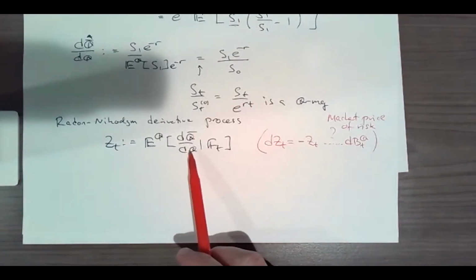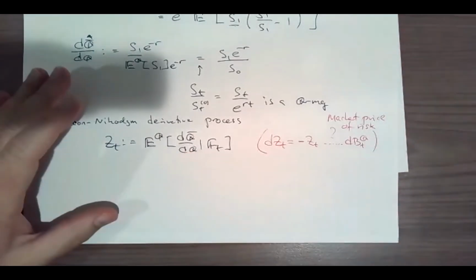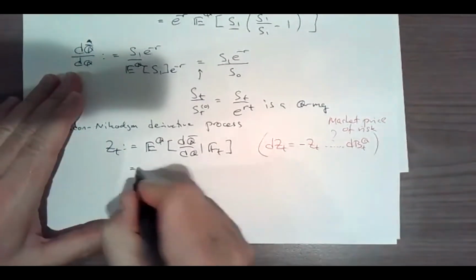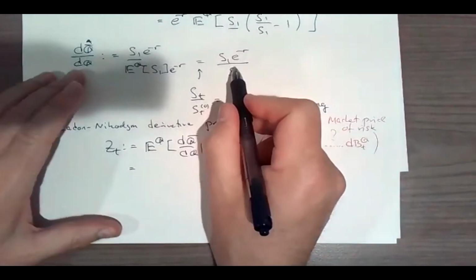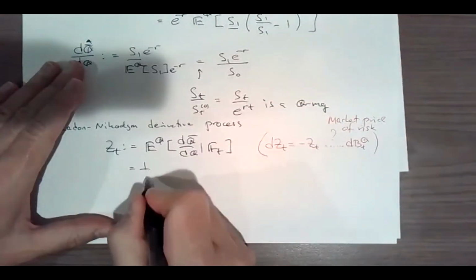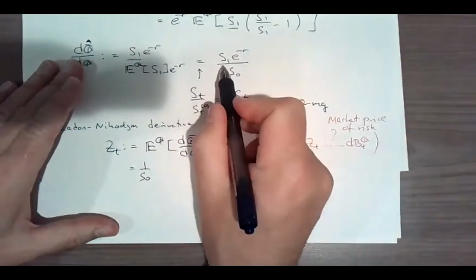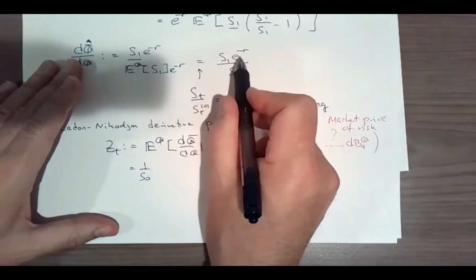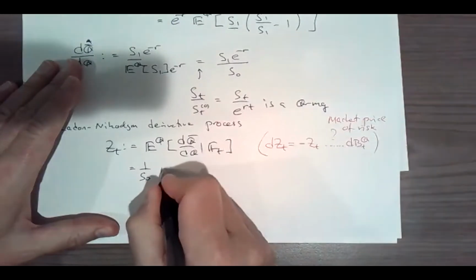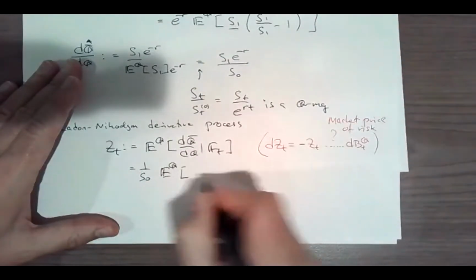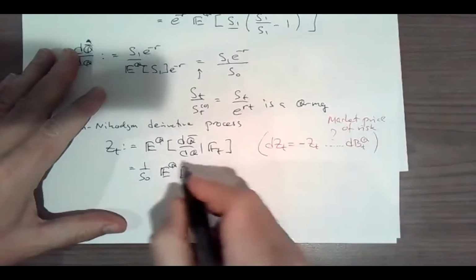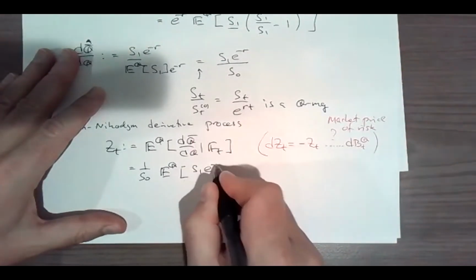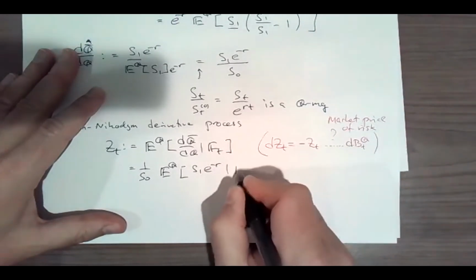We can compute what this conditional expectation is though. We'll start by plugging in the formula. It's 1 over S naught, and then the expectation of the discounted stock price, S1 e to the minus R, given Ft.